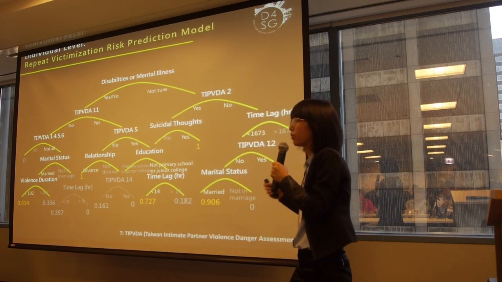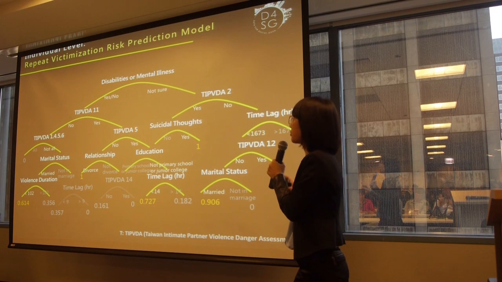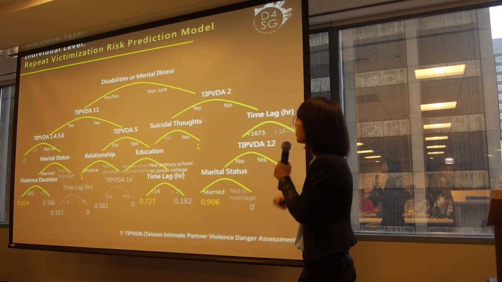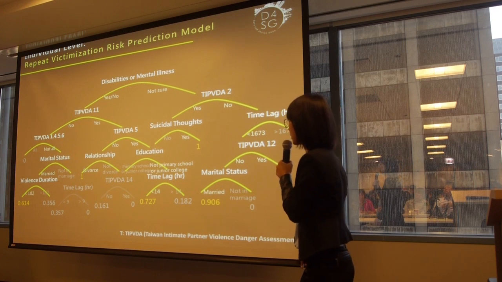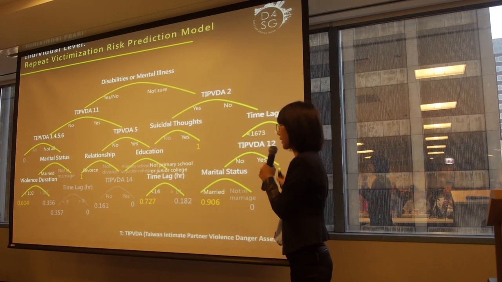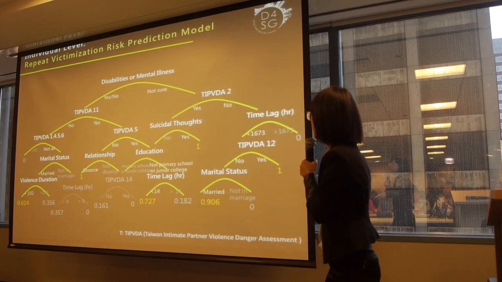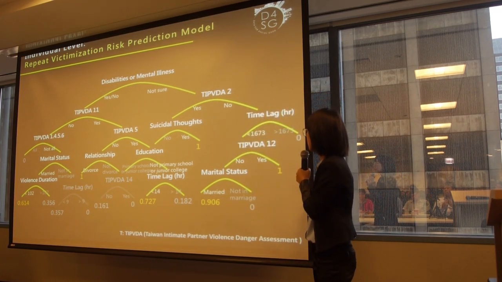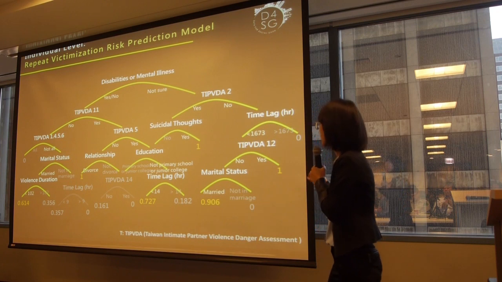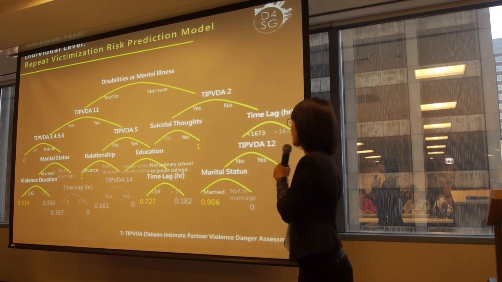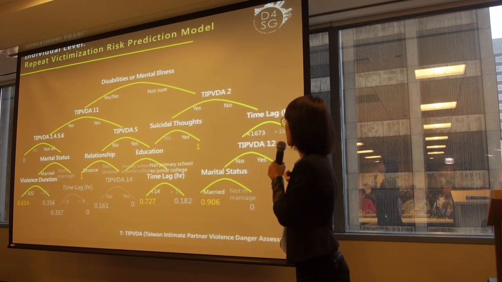If you are not sure about your case of disability or mental illness, or you don't know, it's high risk. You will leave the case at high risk. On the right side of this screen, the yellow number shows the higher prediction numbers of our model.